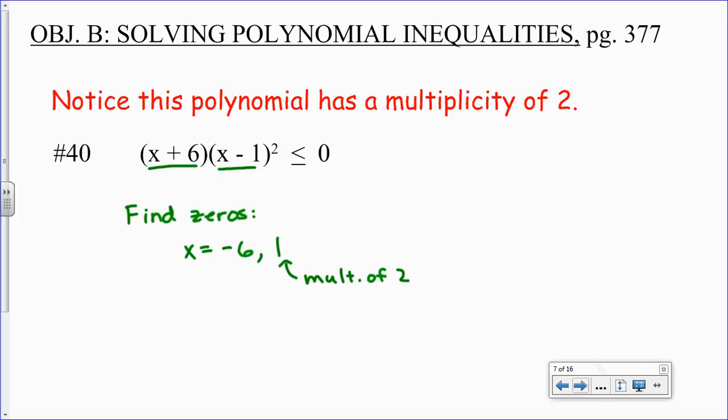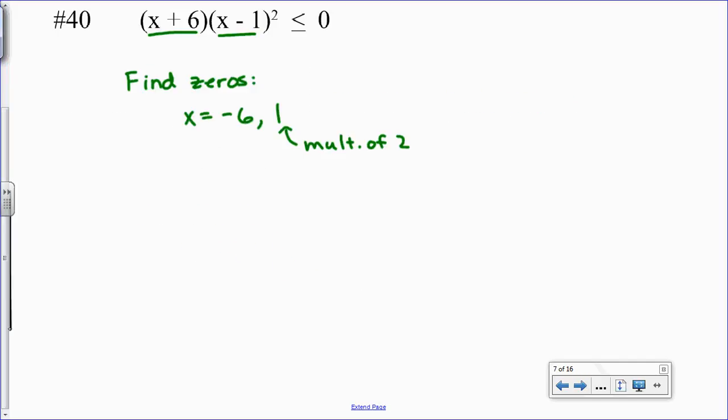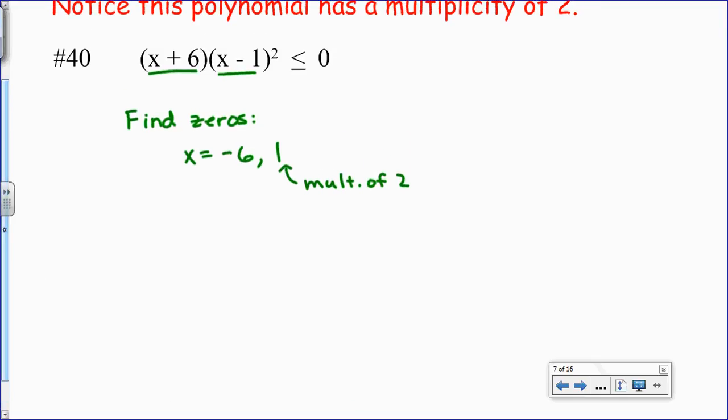Okay. All right, so I'm going to have closed circles, and do I want above or below?